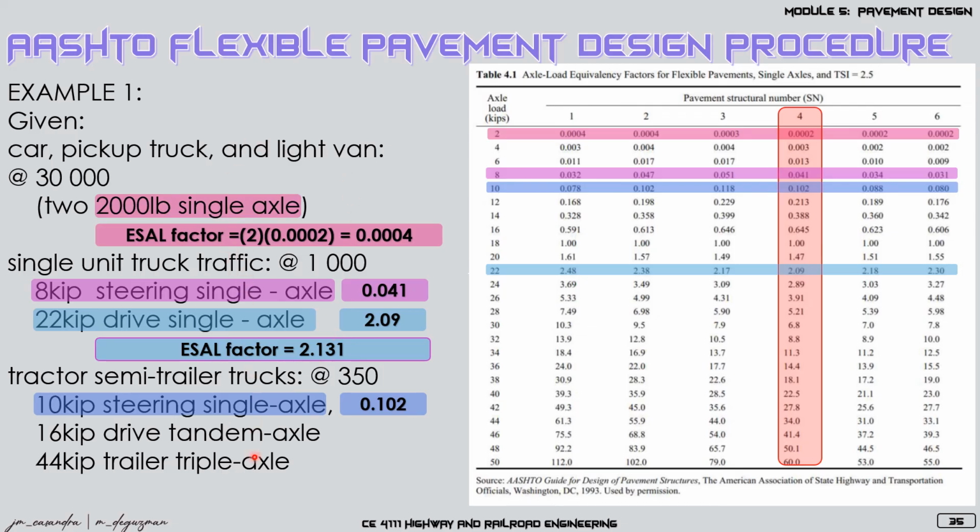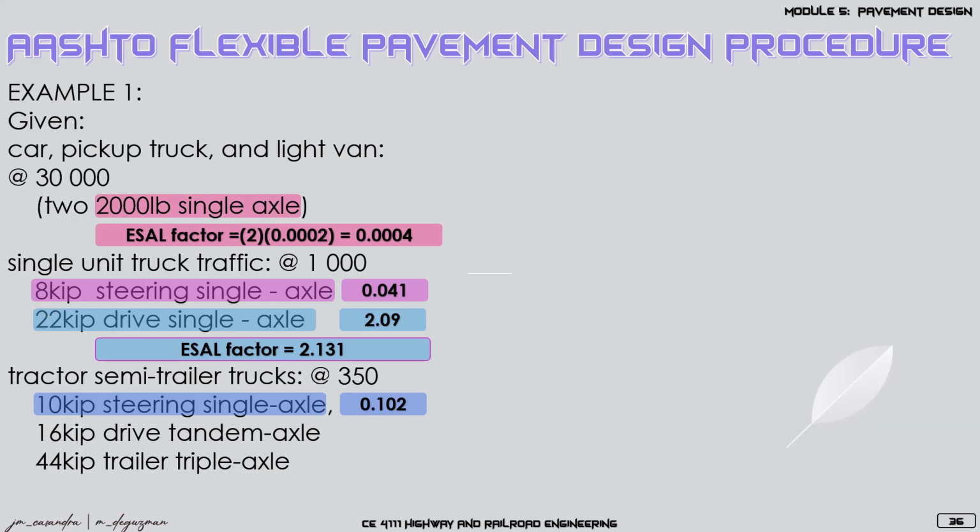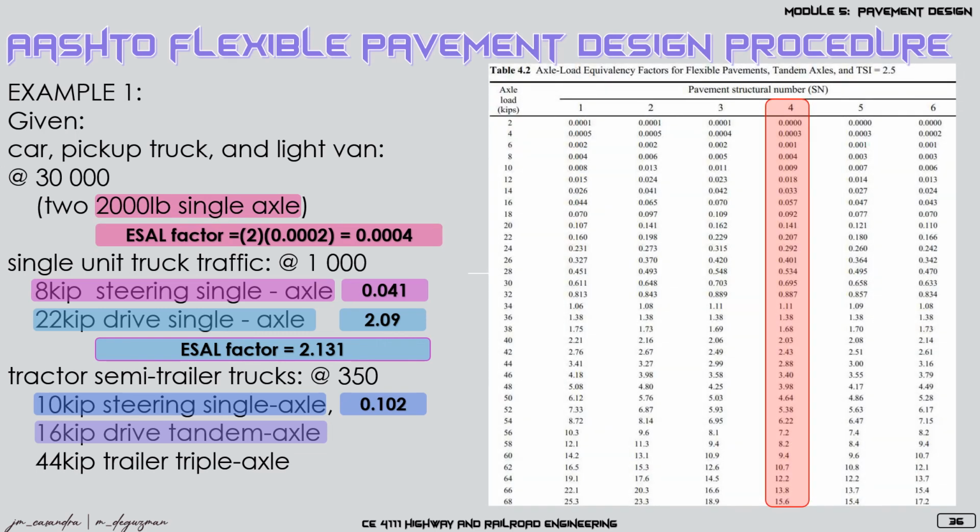Now we have the tandem and triple axles. Table 4.1 will not be applicable for tandem and triple. So we will use another table for the tandem axle, which is Table 4.2.